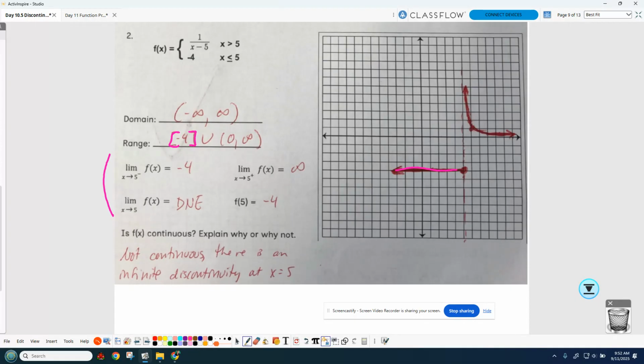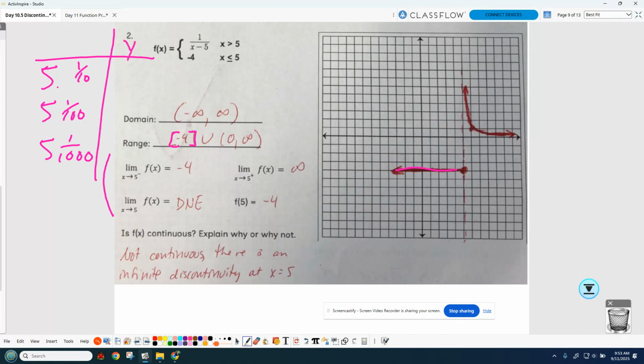Okay, Tessa? For approaching 5 from the positive numbers, how did you get infinity? Okay, 5 from the positive side, so like 5 and 1/10, 5 and 1/100, 5 and 1/1,000.